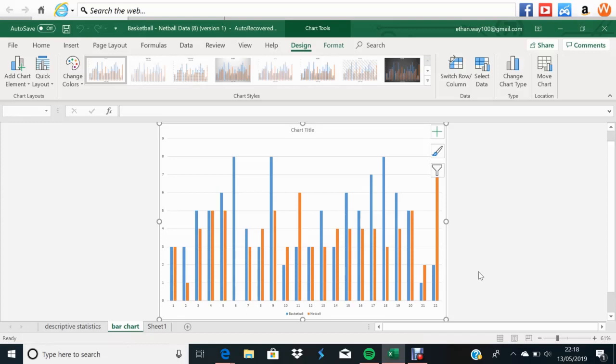So I'll rename the chart a sec. And we'll rename it to difference of basketball and netball shooting ability.